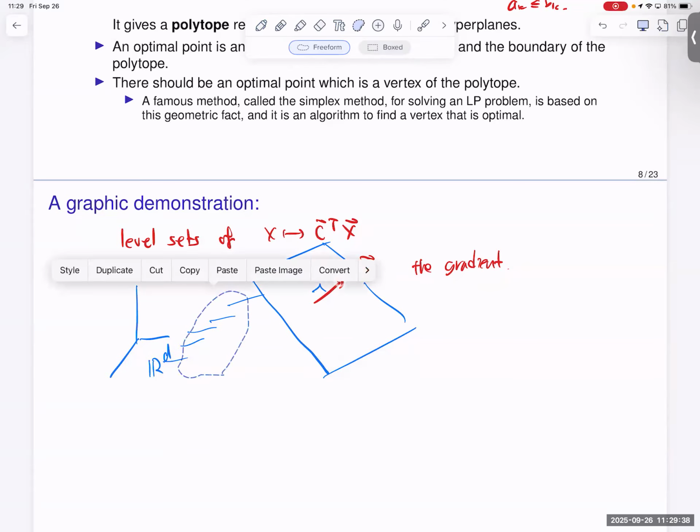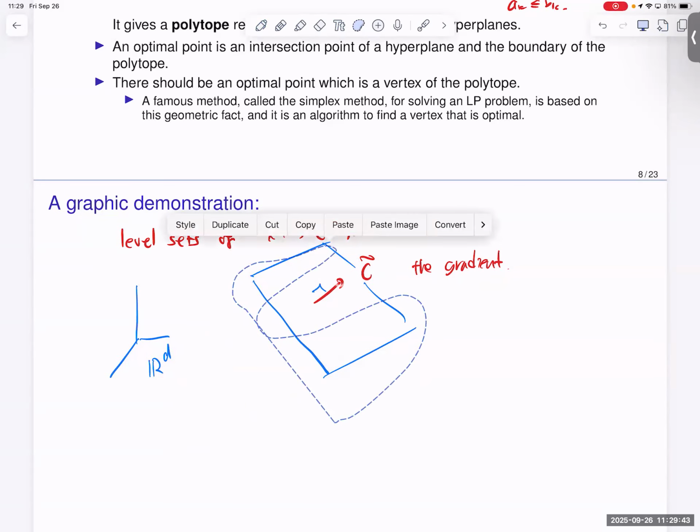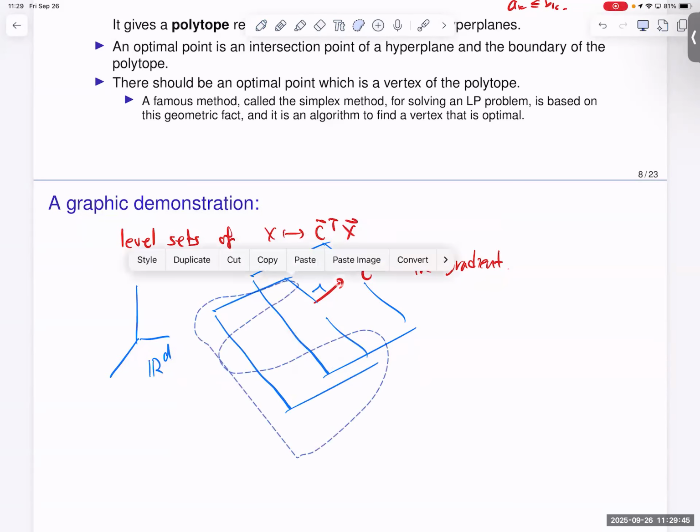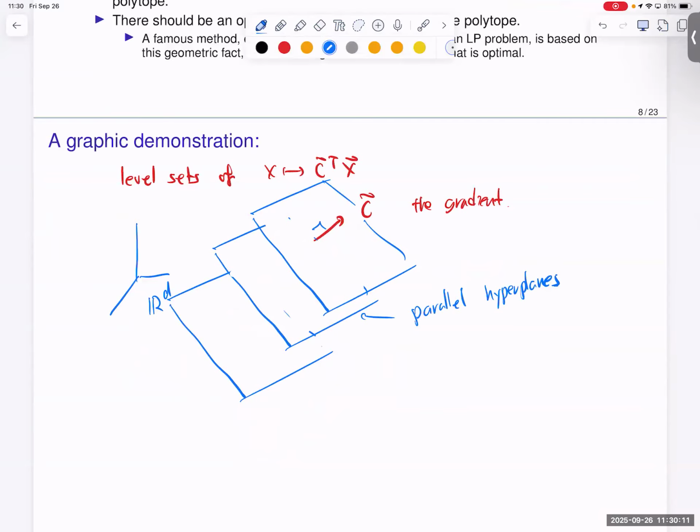I want really parallel ones, so let me just do that. These are parallel ones. Okay, so these are level sets of the objective function.